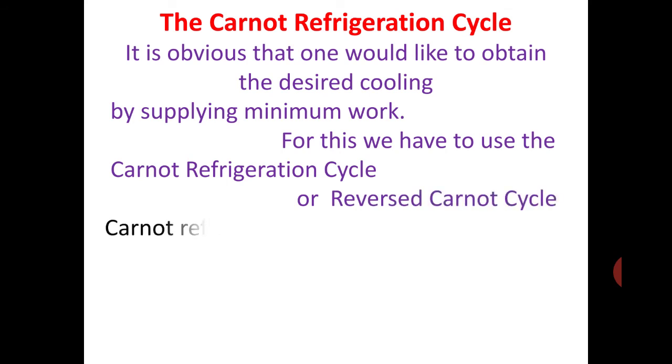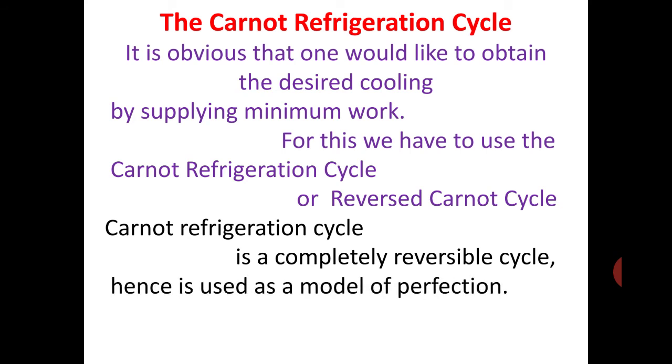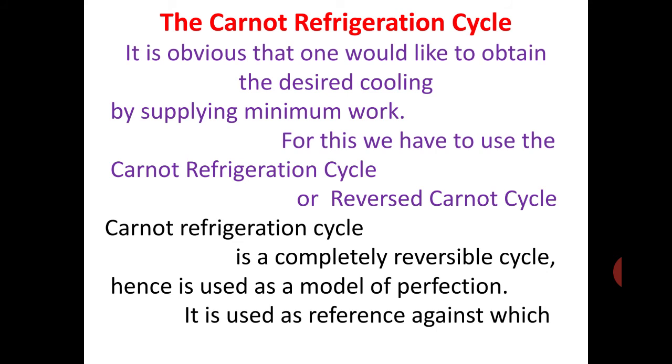Now the reversed Carnot cycle is not a practical cycle. The Carnot refrigeration cycle is a completely reversible cycle, hence is used as a model of perfection. It is used as a reference against which the real cycles are compared.